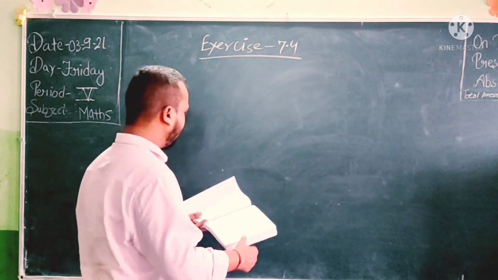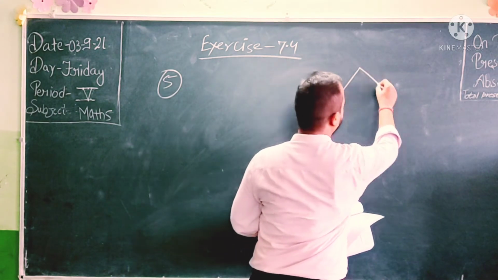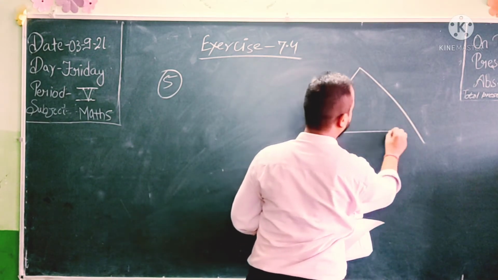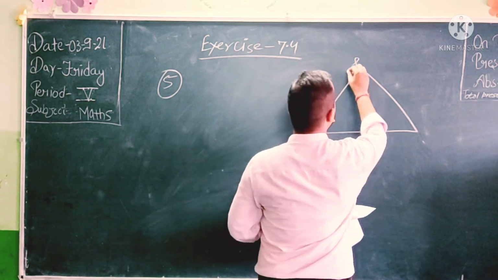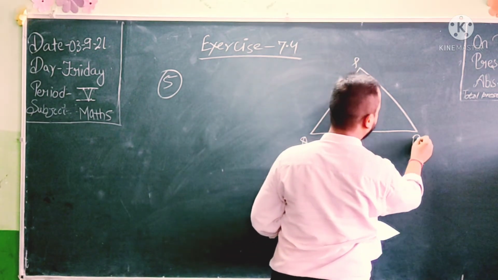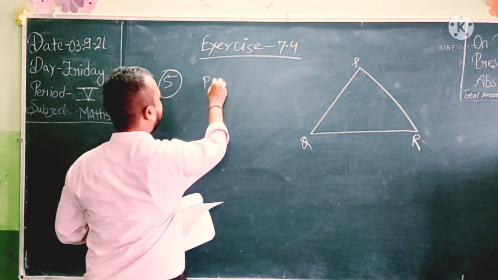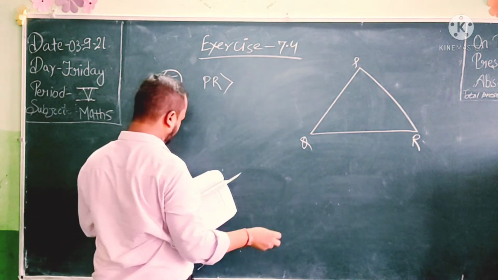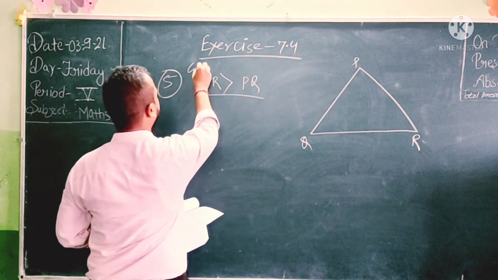It is given that in a triangle, suppose this is a triangle PQR, and it is given that PR is greater than PQ, right? This is given.